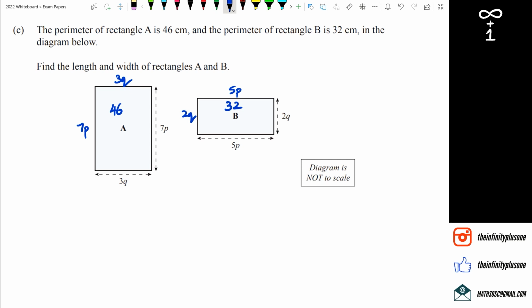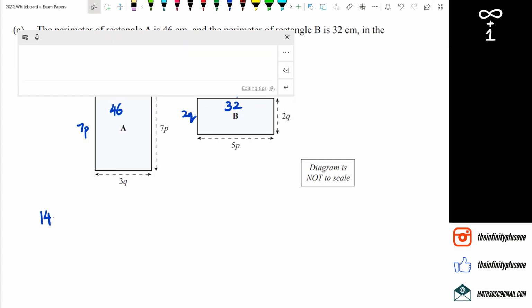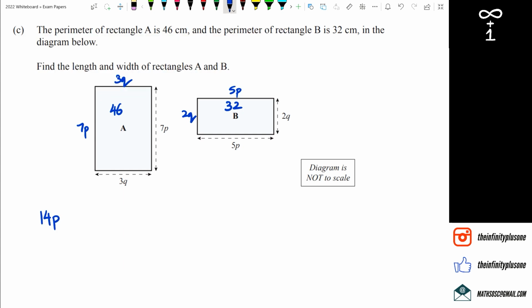So I'm going to do rectangle A first, which is 14p plus 6q equals 46. Now the reason I got 14p was because I got 7p and 7p, which equals 14p. And I've got 3q plus 3q, which equals 6q. And of course, the perimeter of that is 46.